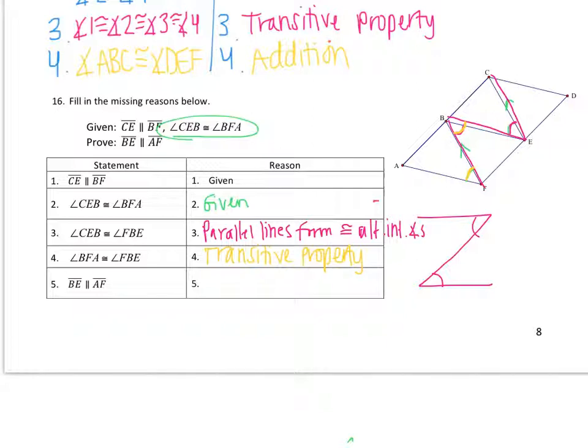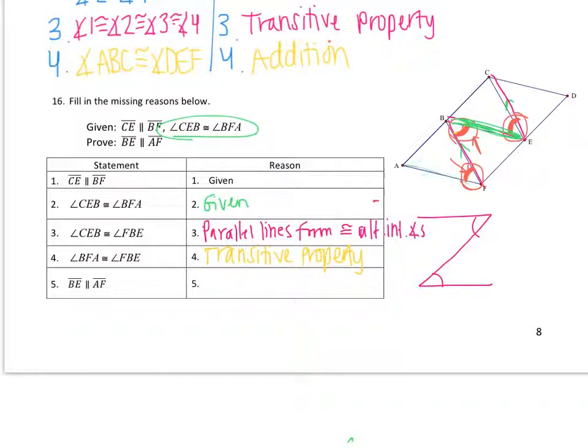We had this angle CEB in red, congruent to this angle down here, BFA. Then we found that this angle, again CEB in red, was congruent to angle EBF, now also in red. So because all of these angles were congruent, I can say that these two are congruent to one another because of the transitive property.